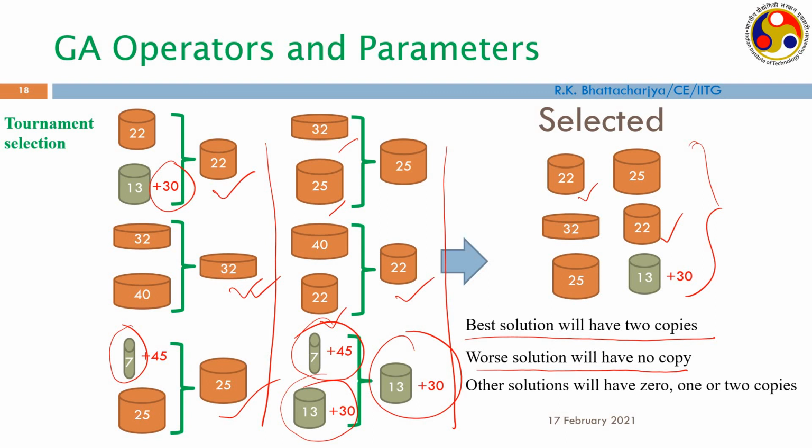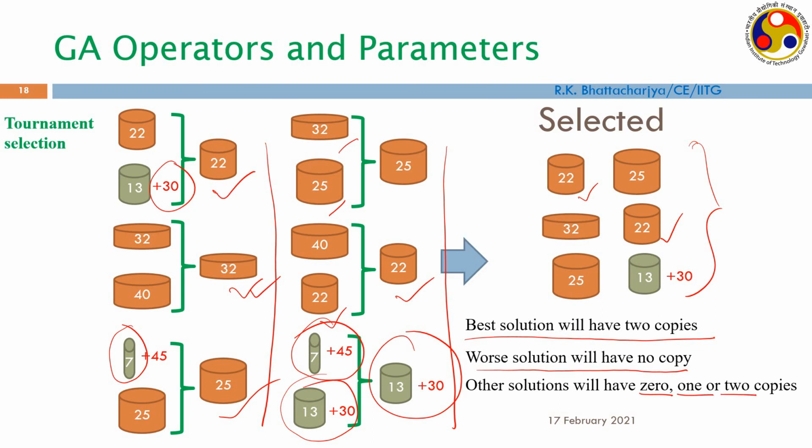And the third point is that the other solutions will have either 0, 1 or 2 copies. There may be 0 copies if a particular solution is playing both times with a better solution, but if by luck it is playing with an inferior solution, it may win. So they may have 0, 1 or 2 copies.